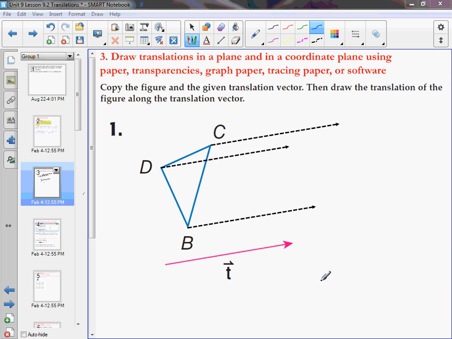All right, so let's try this again. C prime will be at the end of the translation vector that started at C. D prime will be at the end of the translation vector that started at D. And B prime is at the end of the translation vector that started at B. And then we connect them up.